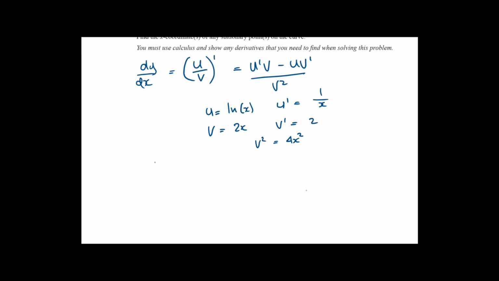So u dash v is 1 over x times 2x, that's great, minus the u natural log of x times 2, all over 4x squared.